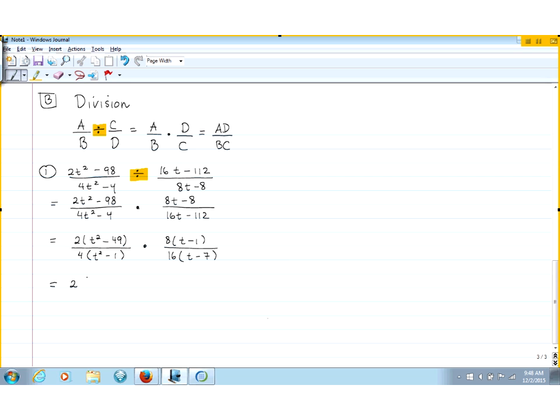So what is this? 2 times p plus 7, p minus 7, divided by 4 times p plus 1, p minus 1. Multiply by 8 times p minus 1 divided by 16 times p minus 7. Okay.